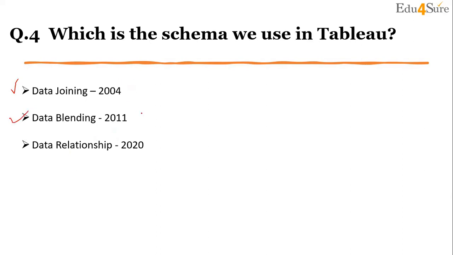And it took a long time, 7 years, and after that, it took 9 years to find the shortcomings of data blending. And finally, they shifted to data relationship. And now this is the permanent schema we have in Tableau. So we follow data relationship. We are not using joining and blending anymore in Tableau.